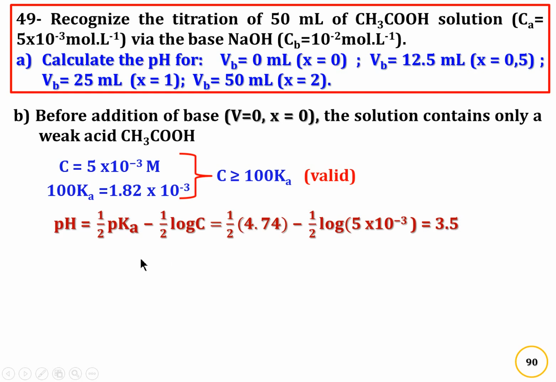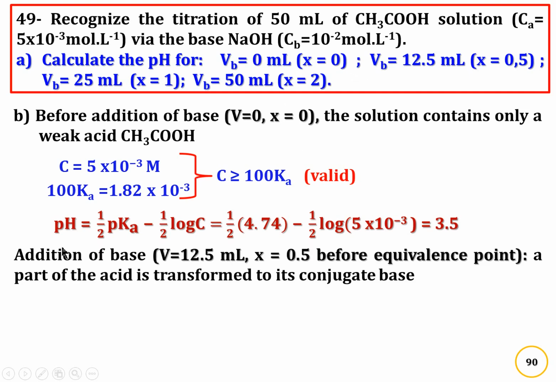So apply directly pH equal half pKa plus half pC0, or half pKa minus half log C, and we put pKa and log C with their values, and the pH is equal to 3.5.